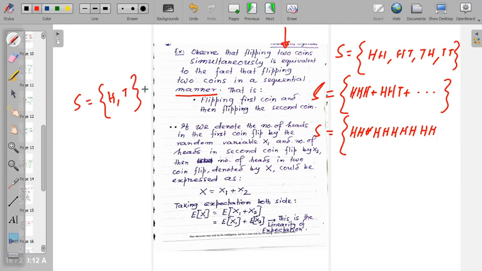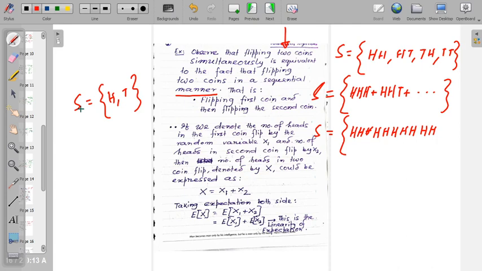The second coin flip in isolation, then again the sample space will be H and T. The third coin flip in isolation I am checking. Okay, right. And what we are trying to show here is that if I take two coin flips simultaneously, the expected number of heads will be equal to the case where I treat each coin flip separately and calculate how many heads come up in two coin flips.